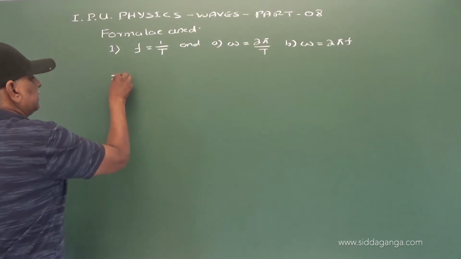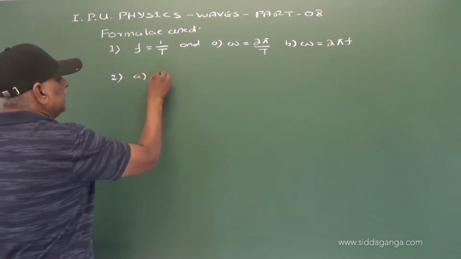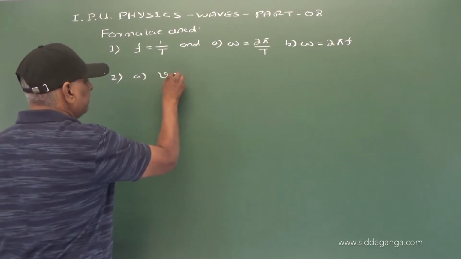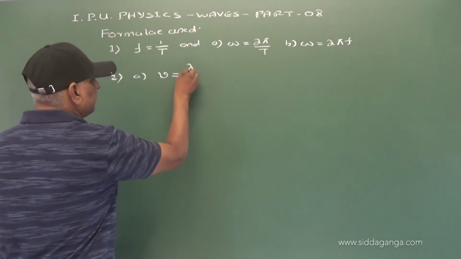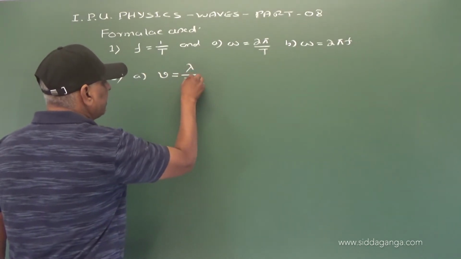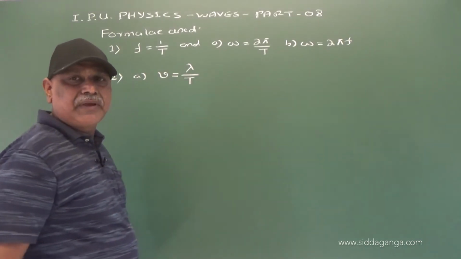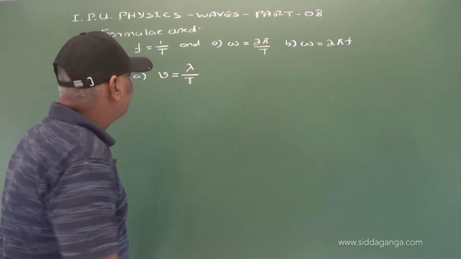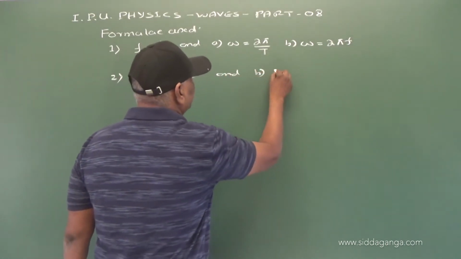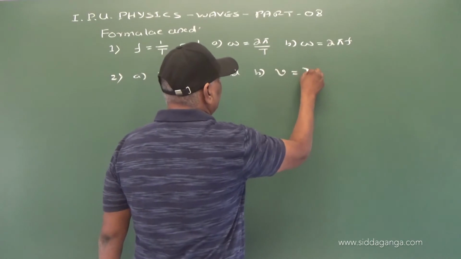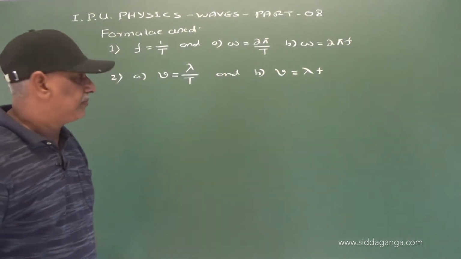Now, the second equation, we have the relation for wave velocity. Wave velocity is given by v = lambda/T, where lambda is the wavelength of the wave and T is the wave period. And again we have v = lambda into f, where f is the frequency.